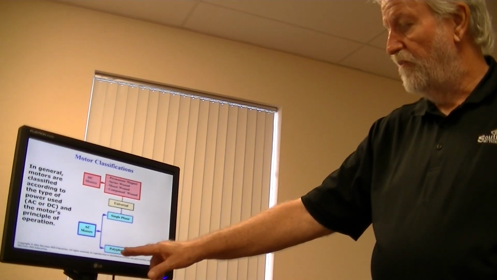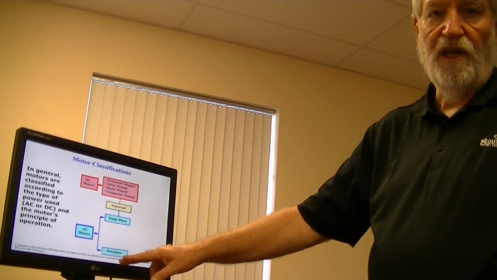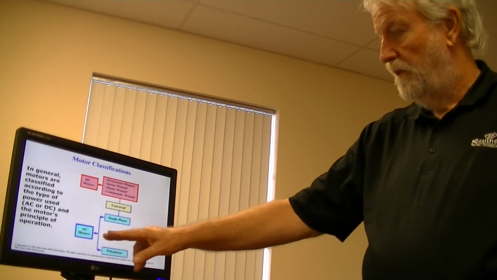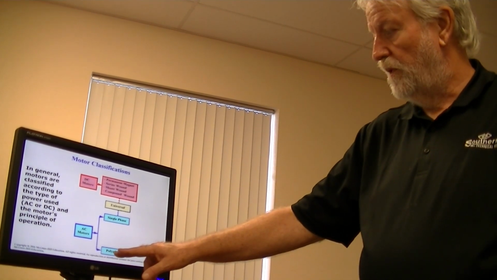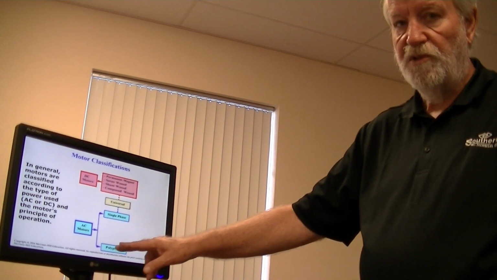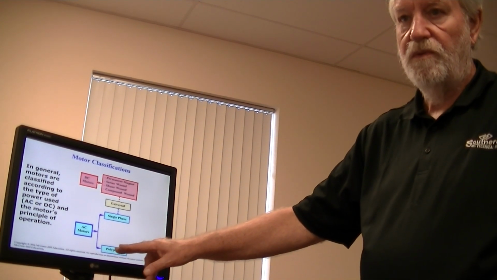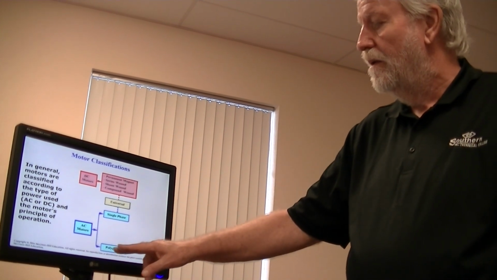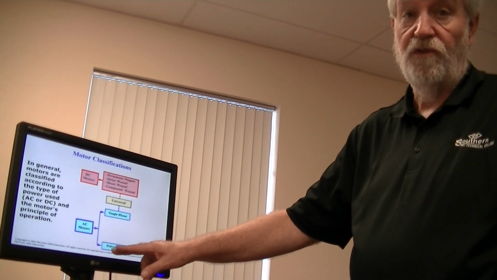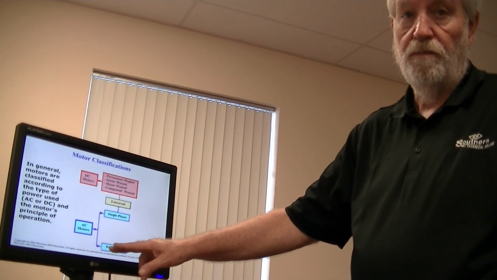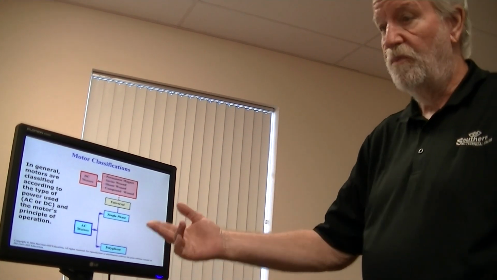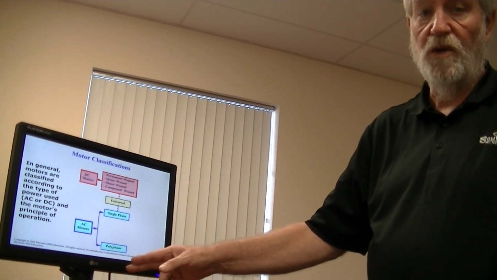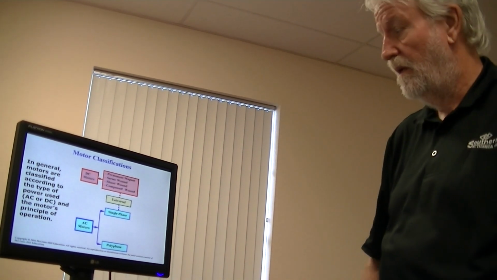Or you've got polyphase, which is typically three-phase, but you could also use two phases of a three-phase system to power a motor. If you don't need as much power as three phases require, you can use two phases.